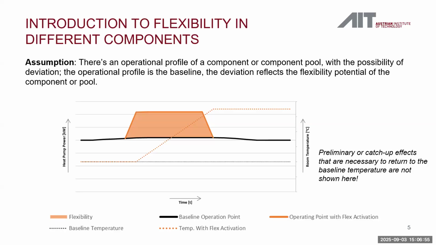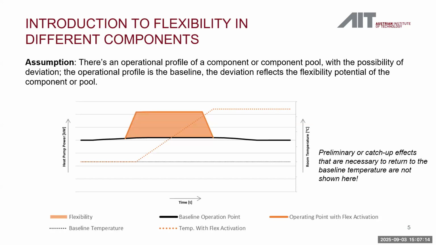The flexibility activation is a deviation from this profile. If the heat pump consumes more electricity for a certain amount of time, the room temperature will rise, which is the orange dotted line, until it reaches some upper limit, which is a restriction, for instance, by the user.